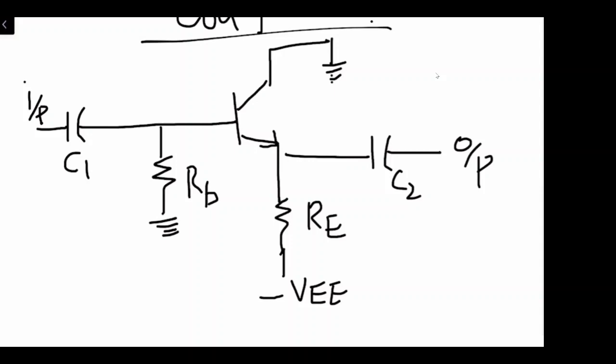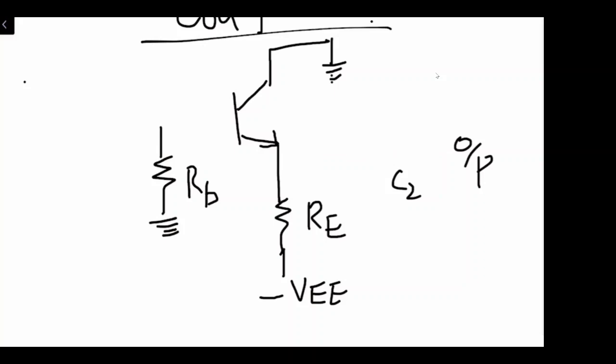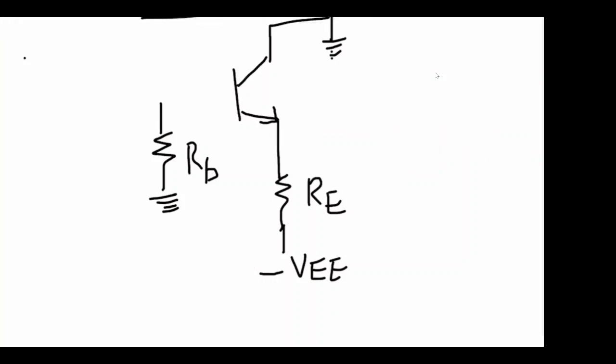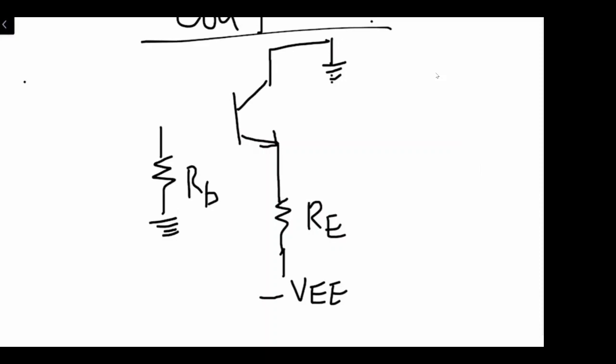And when we do that, we are left with a circuit that is something like this, right? So now this is the modified circuit which we are going to analyze for the input side as well as for the output side.